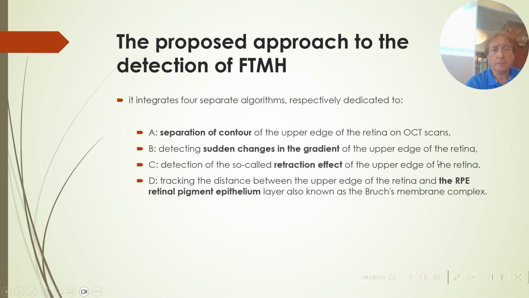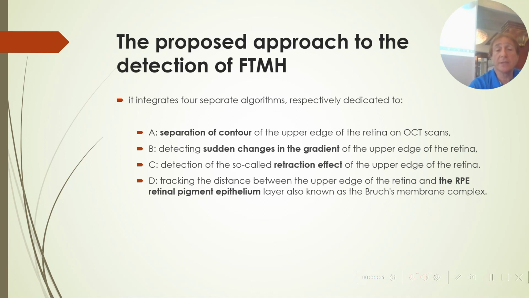So what is our proposal for detection of this full thickness macular hole? We are converting our image into contours, separating the contours of the upper edge of the retina.